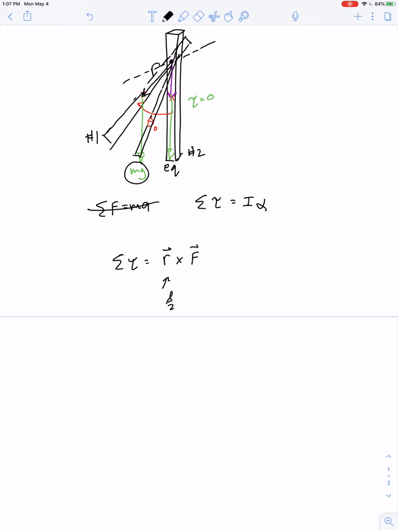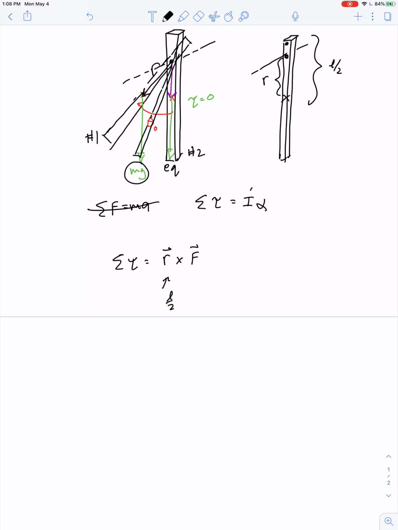However, the hole that we pass the wire through to act as an axis isn't at the very end point, right? The hole is here, and so sure, the distance from the end point to the center of mass is L over 2, but this distance I don't know. So the best I could do is just call it some value r.